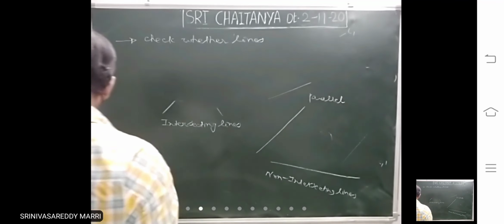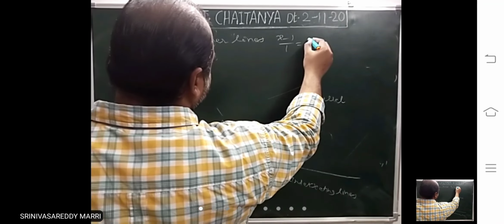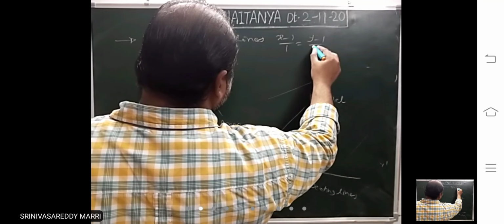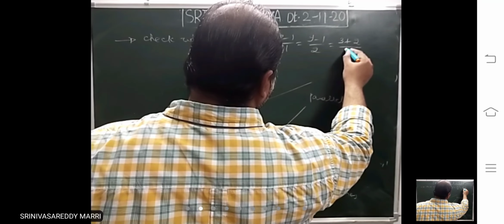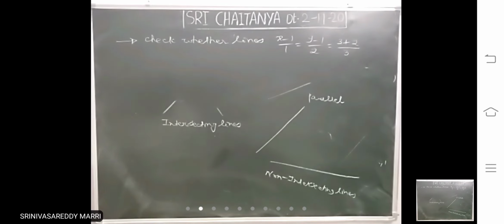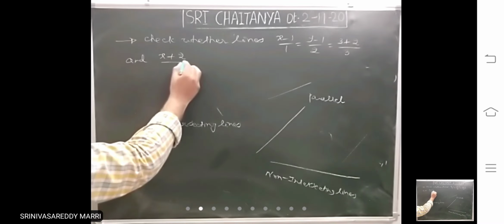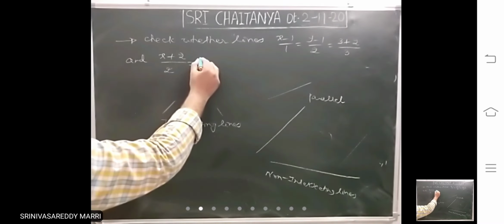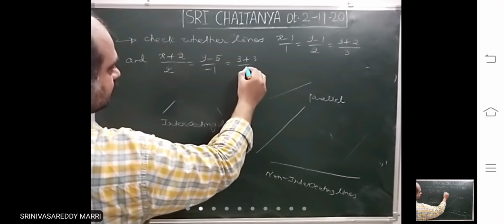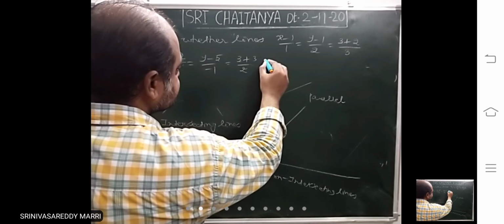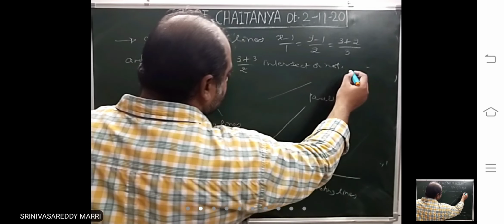Check whether the lines (x minus 1)/1 equals (y minus 1)/2 equals (z plus 2)/3, this is one line given, and (x plus 2)/2 equals ... /2, intersect or not.